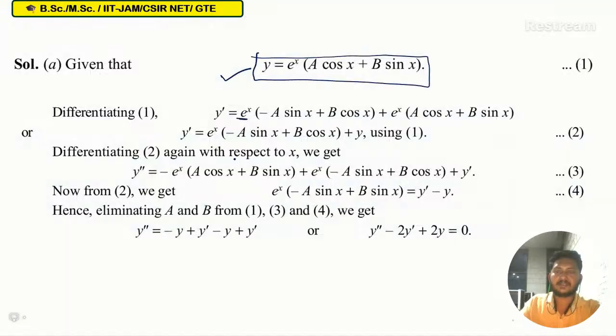When you differentiate this, you know how to differentiate this type of given equation. So differentiating, you get y dash equal to e to the power x minus a sin x plus b cos x.